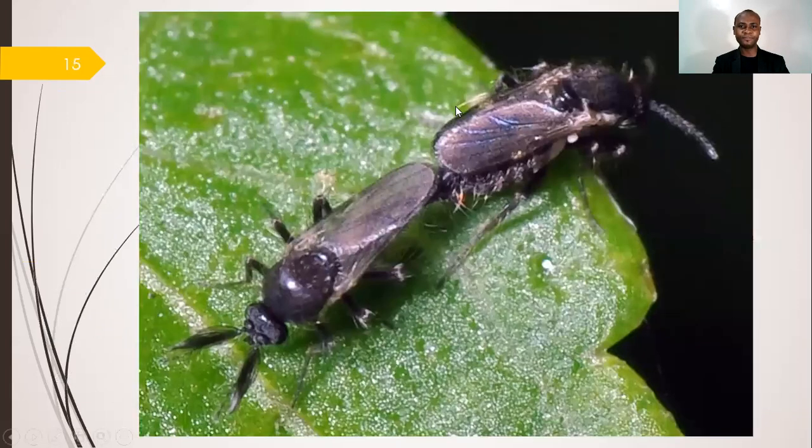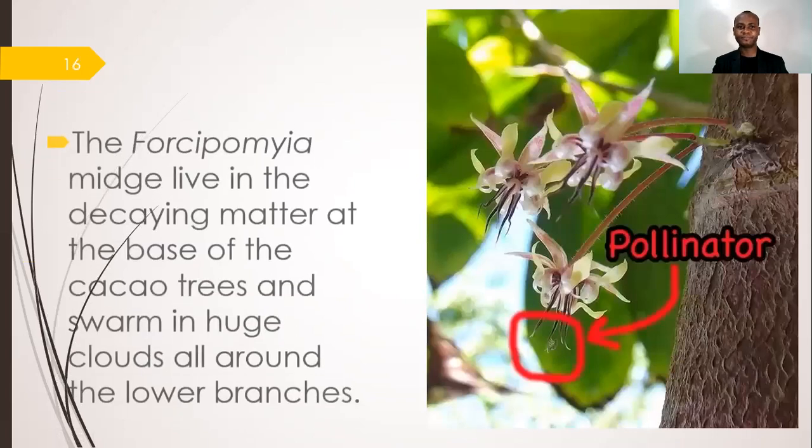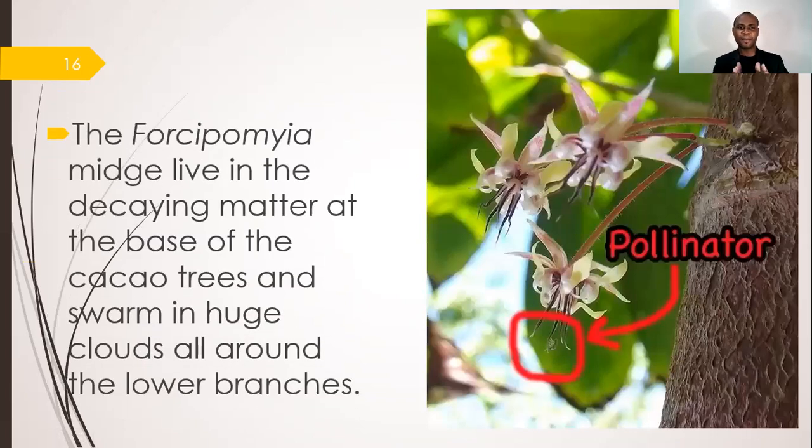Okay, let's move on. So this is how the midge looks. They're just very small insects. Usually the midges live in the decaying matter at the base of the cacao tree, and they swarm in huge clouds all around the flower branches.